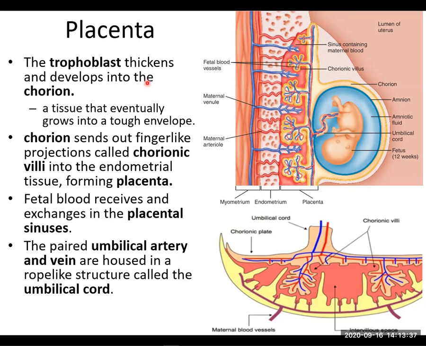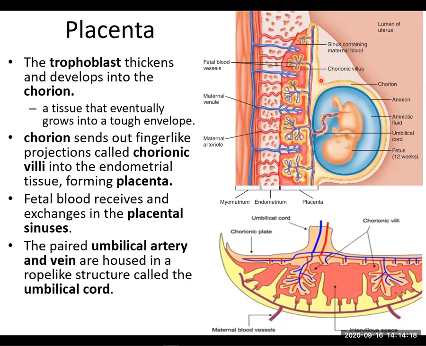It's all initiated by the trophoblast cells. Now, these trophoblast cells are originally part of the cells divided from the fertilized egg. And this trophoblast cell will gradually become a tough envelope to hold the entire infant. This tough envelope is called the chorion.